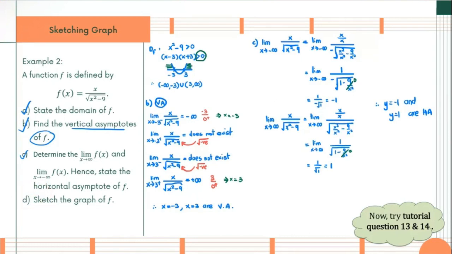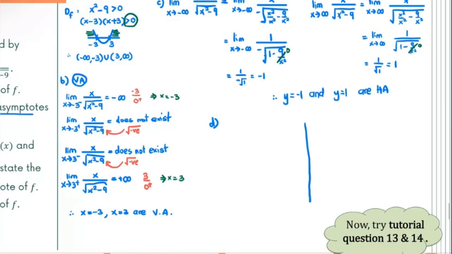So section D. So saya mulakan dengan lukis paksi X dengan paksi Y kita ni. So this is my X axis and this is my f(x) ataupun Y axis. Okay, so the first thing adalah kita akan lukis our position of our vertical asymptote. So kita ada dekat negative 3 and juga 3.